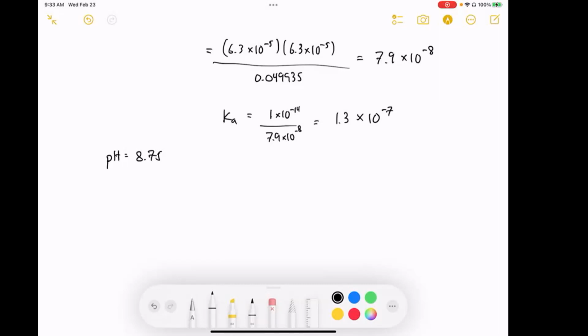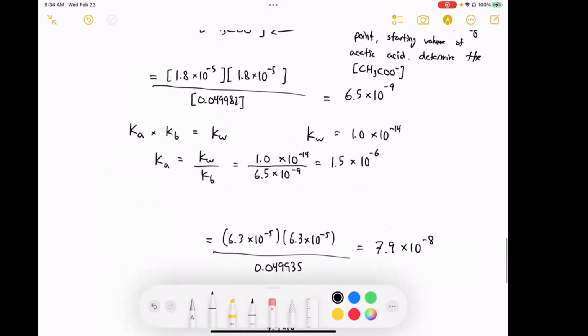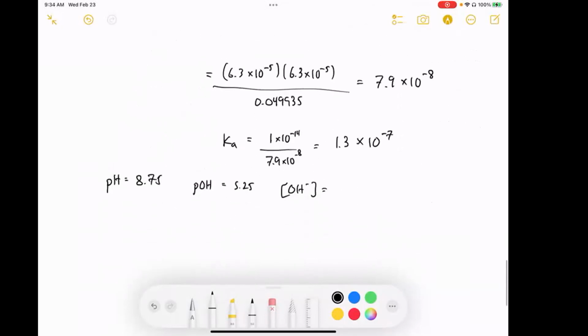So the pOH is 5.25, and then our OH concentration is 5.6 times 10 to the negative 5 molar.